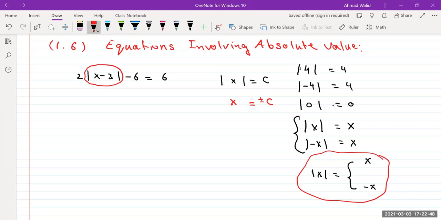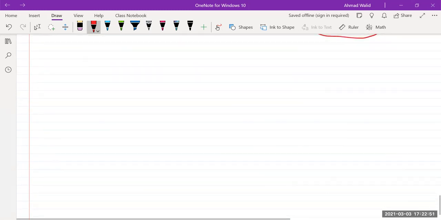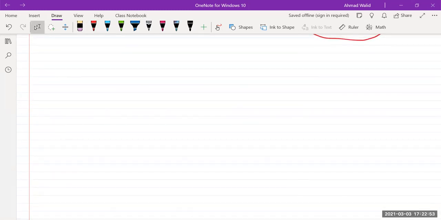I'll start with an example from your book, and I'll show you step by step how you can solve an absolute value equation. Let me copy the example from your book. Example number 1: 5 times the absolute value of 1 minus 4x minus 15 equals 0.